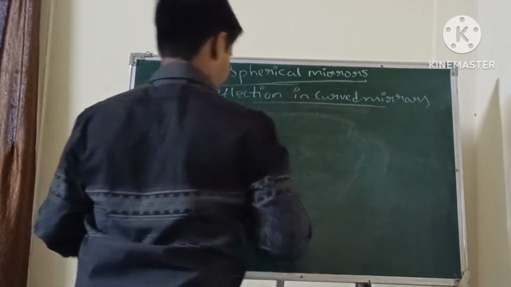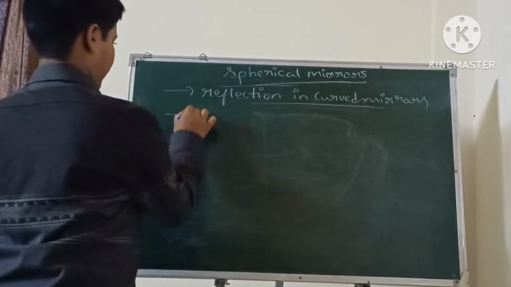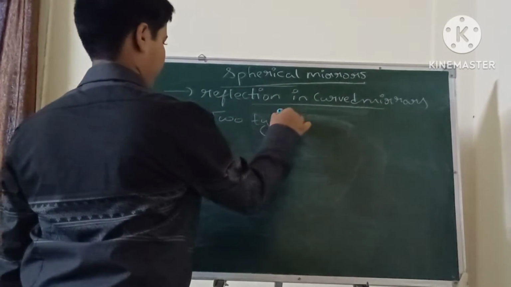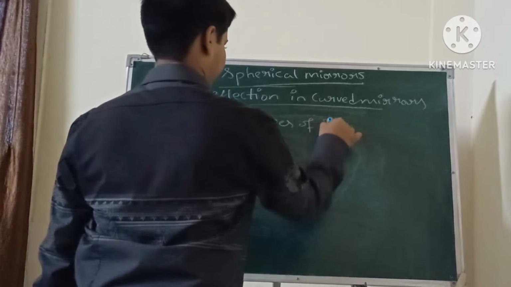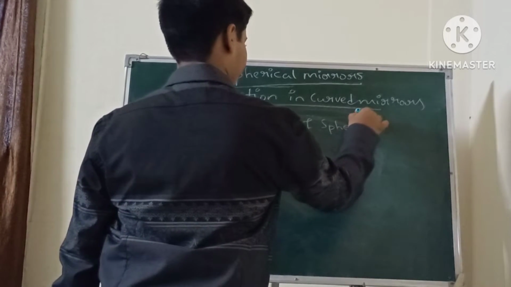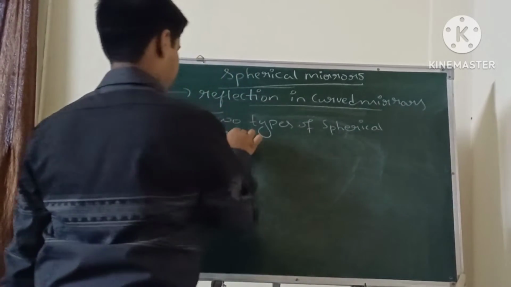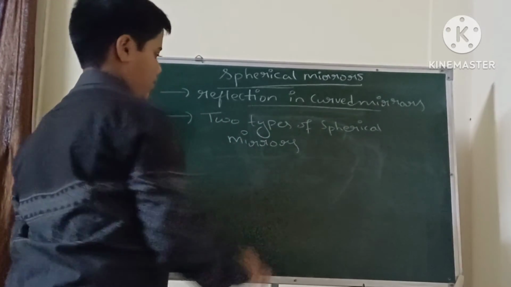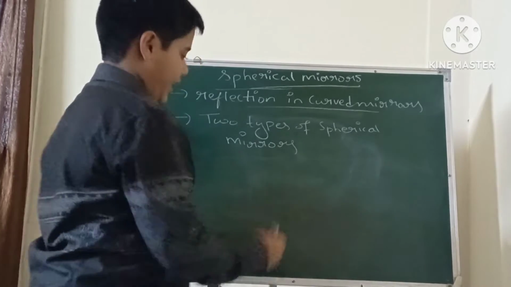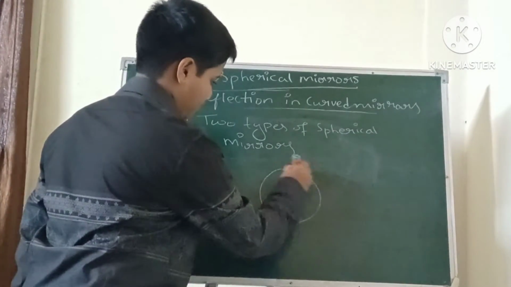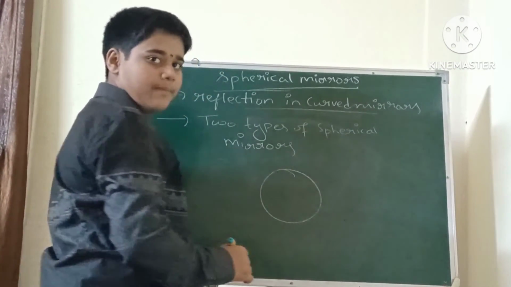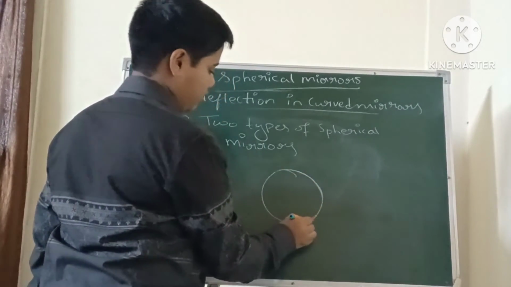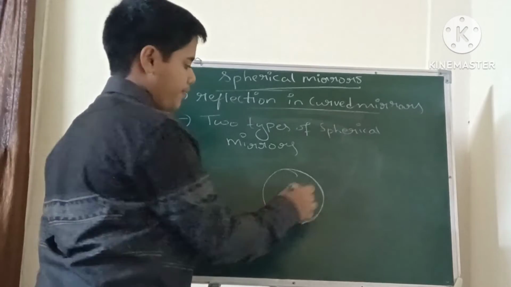In spherical mirrors there are two types of spherical mirrors. This is a sphere, and here I am taking one of the curved parts.